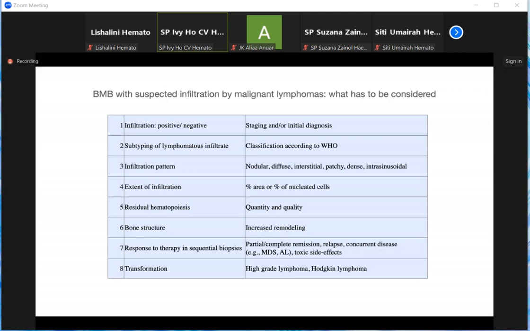And if this is a post-treatment trephine, you assess the response to therapy. And for small low-grade B-cell lymphoma, you want to assess whether there's transformation to a higher grade of lymphoma. So these are the things we want to look at when we are assessing lymphoma in a bone marrow.